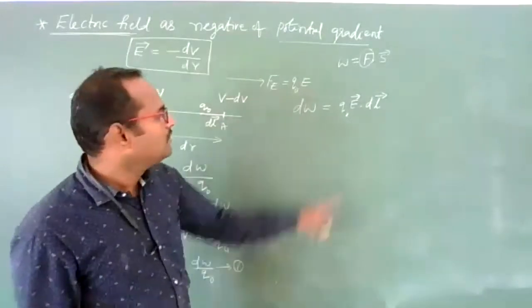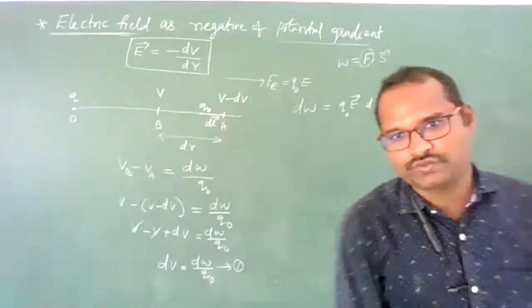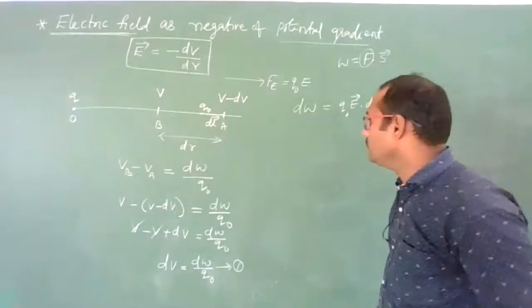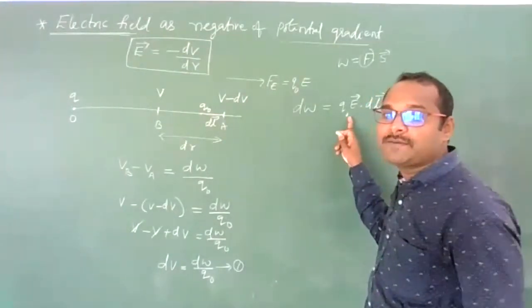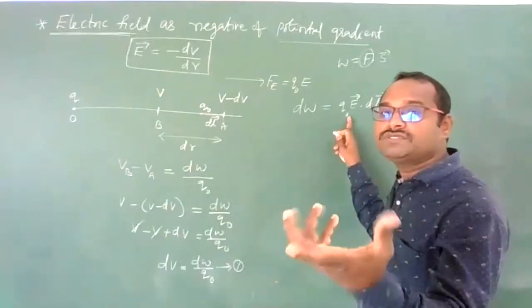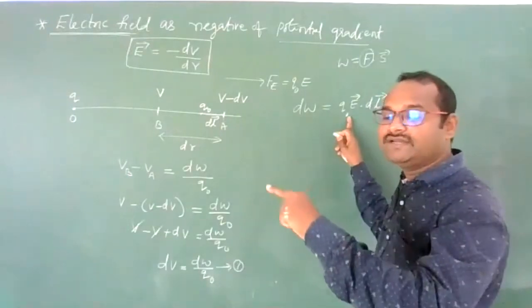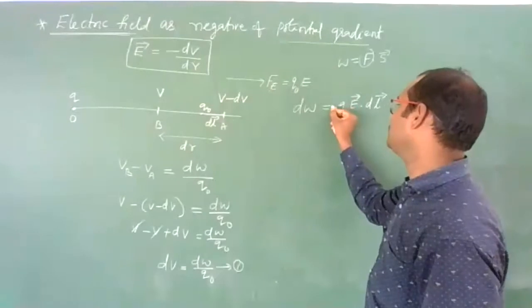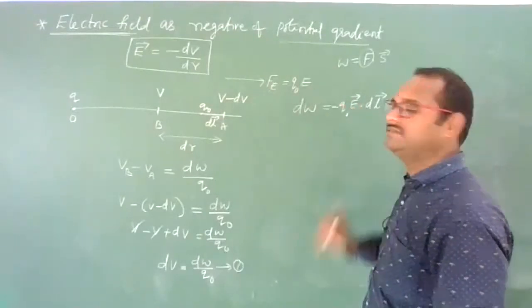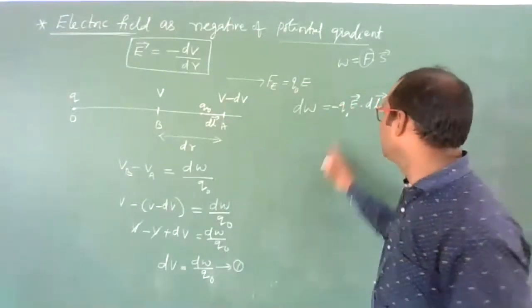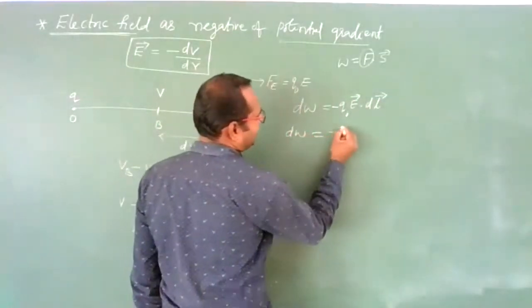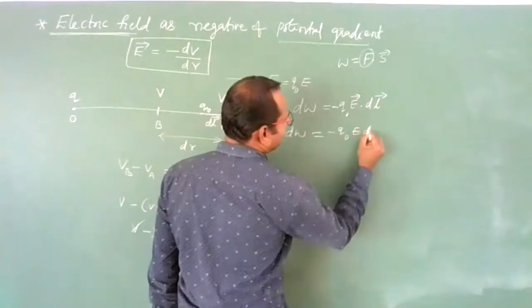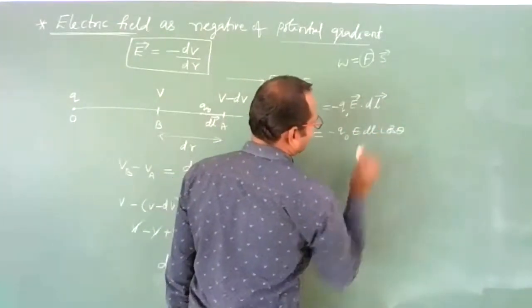Now the dot product is there here. See students, one more thing: this force is an external force I am applying, in the opposite direction to the electric field. The electric field is in this direction, and the external force should be in the opposite direction. Now, with the dot product, you can write dW is equal to minus Q naught into E dl cos theta.